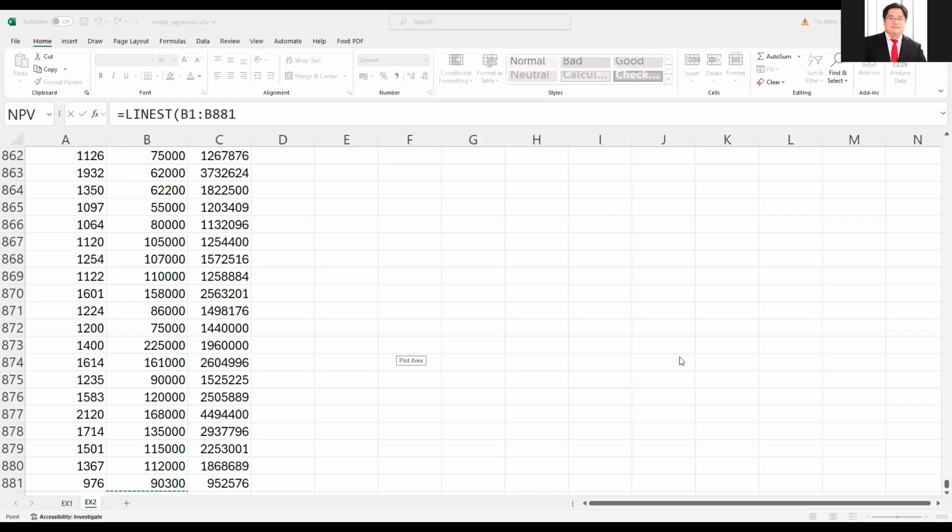Control Shift Down. Good. Second step, you have to put the comma here.